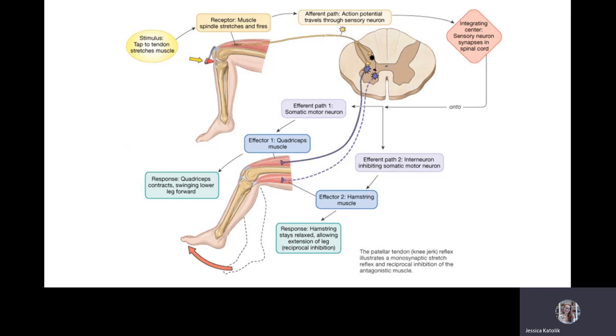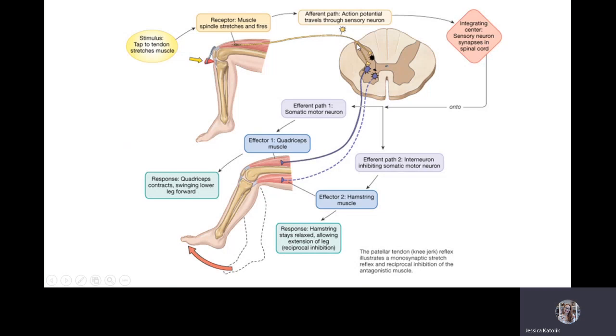What's going to be different here is we're going to see the integration center will be a little bit more complex. We saw before when we talked about the stretch reflex is that the sensory neuron will directly synapse with the motor neuron in a monosynaptic reflex, but we can see another synapse occurring as well. Over here, we're seeing an example of a divergent circuit.